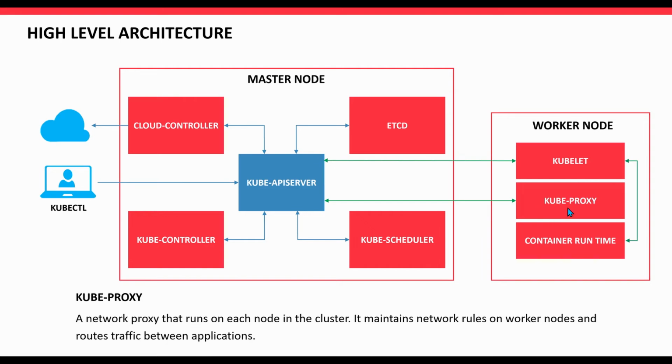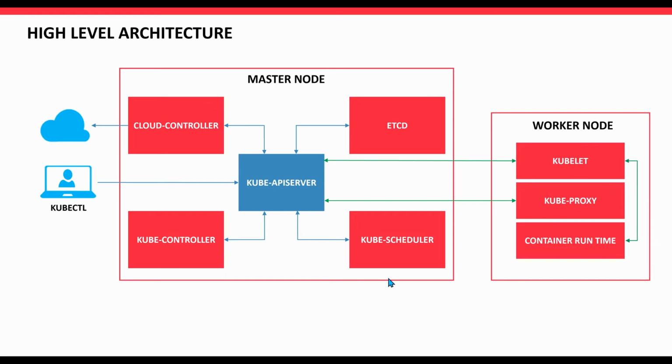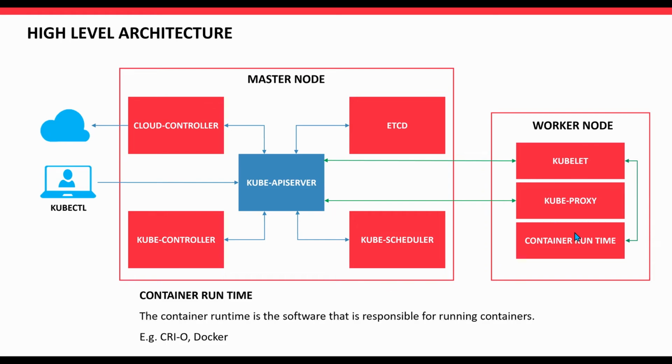So when the service tries to communicate with the pod, Proxy plays a bigger role by associating itself with IP tables. Container runtime, Kubernetes by default has CRI-O. A lot of companies still use Docker, and you can use Docker too. Whatever operations you do with containers, you can do using the container runtime.